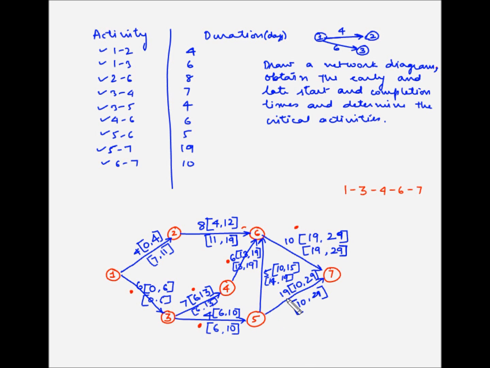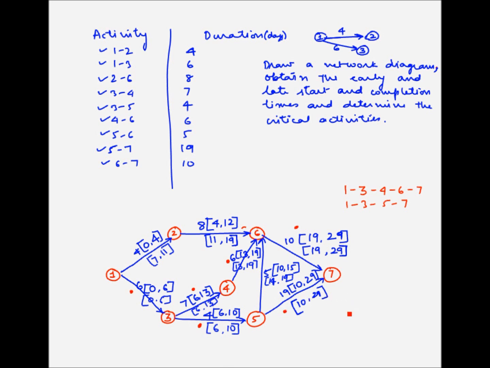The other activity is 5 to 7. So this also meets the criteria. So this is also a critical activity. So this also gives us another path. So 1 to 3, 3 to 5 and 5 to 7. So in this case there are two critical paths, 1, 3, 4, 6, 7 and 1, 3, 5, 7, and the activities which we have marked in a dotted line are the critical activities.